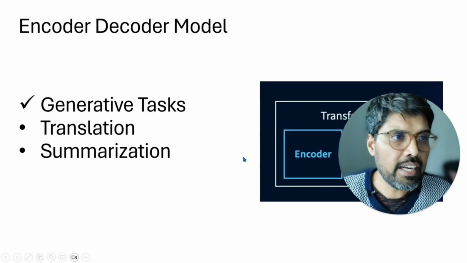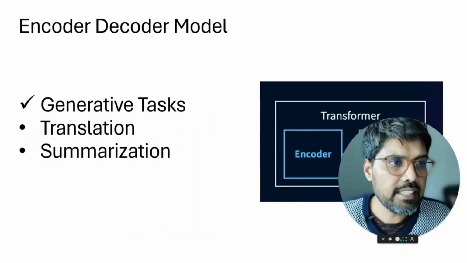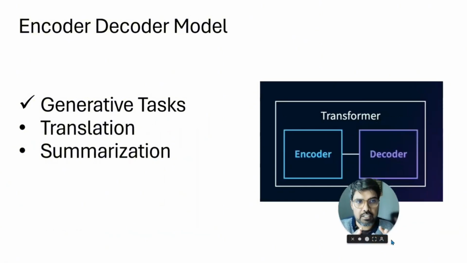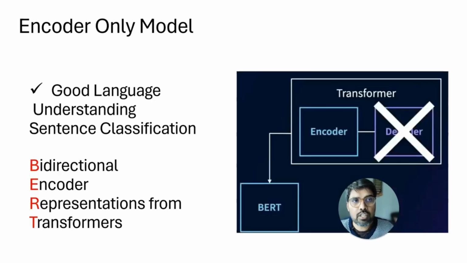When working together, they are used to generate output, like in the case I showed you, converting English to German. You use an encoder-decoder model because you want to understand as well as generate a summarization or a translation.